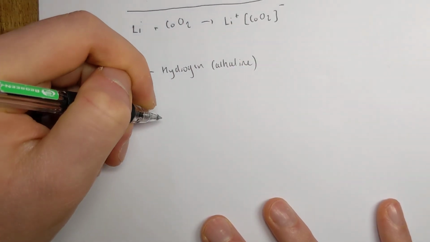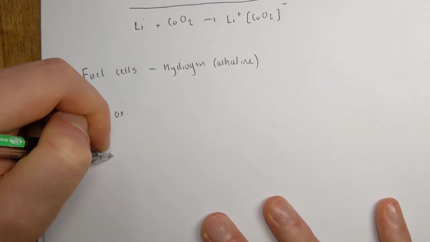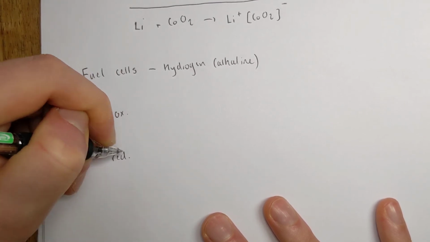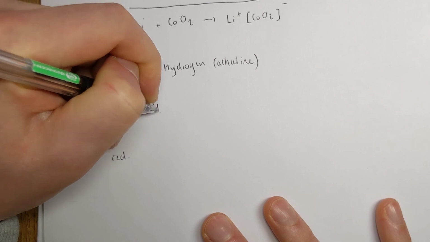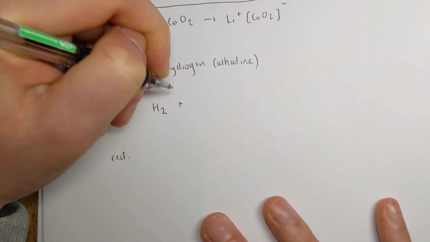We'll start by looking at the half equations first and maybe try and understand why this is a wee bit different. Again, we'll keep that power in oxidation reduction half equations. Hydrogen is the thing you're going to oxidize, so we'll give you the half equation for it.